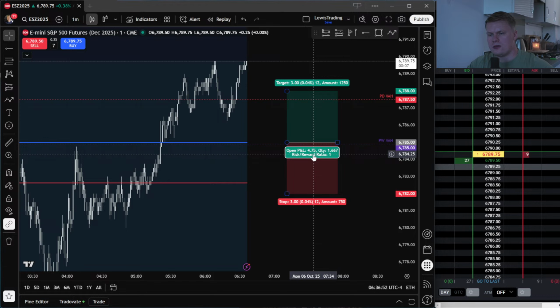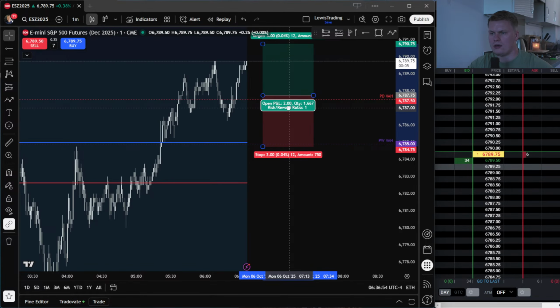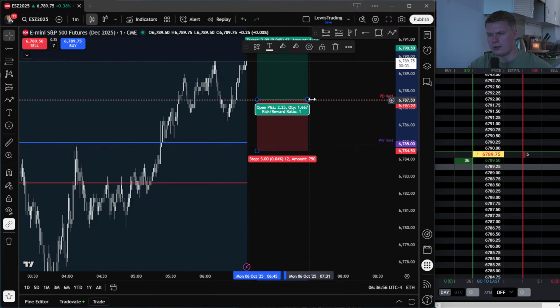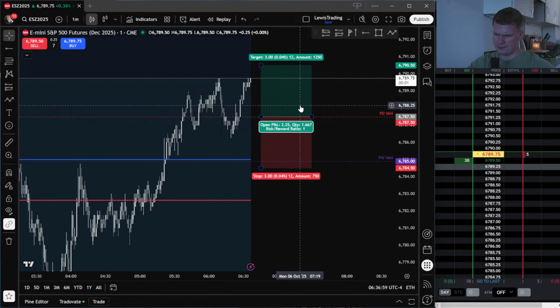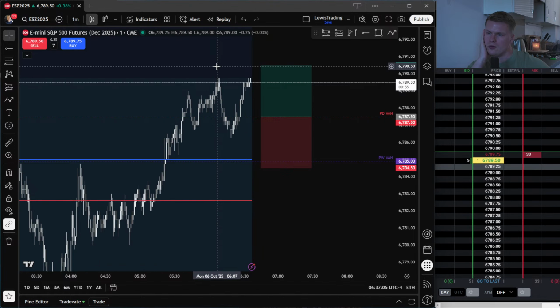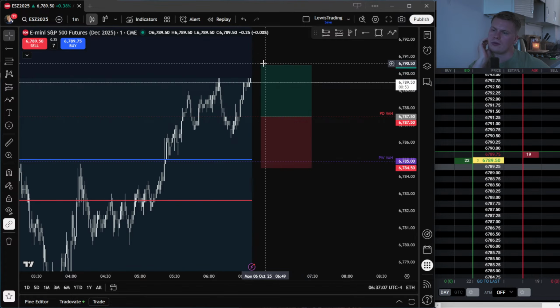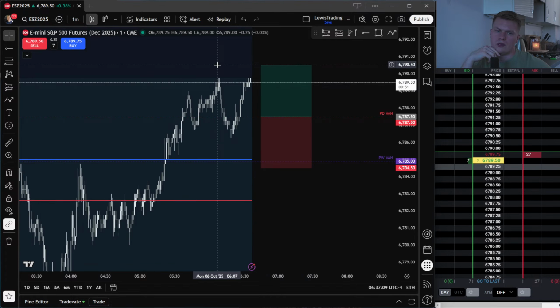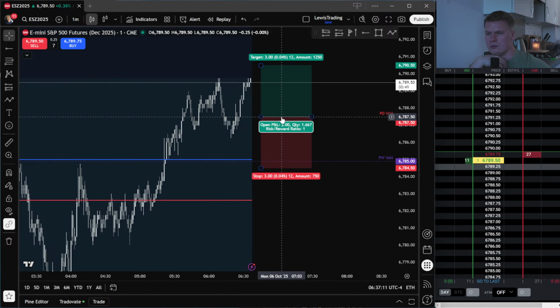Obviously, I know we have the previous day's value area high as well, and although price could still go above that, if price previously had gone above that 3-point take profit, I would have maybe considered taking a much smaller trade off of that to ride back up.